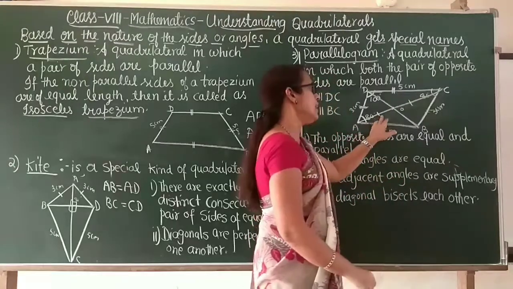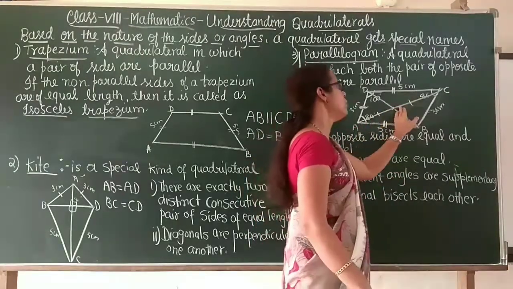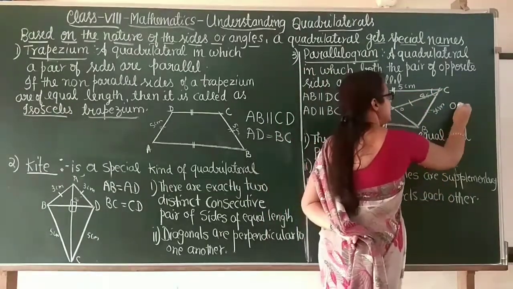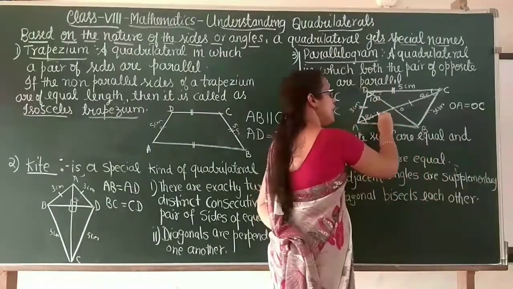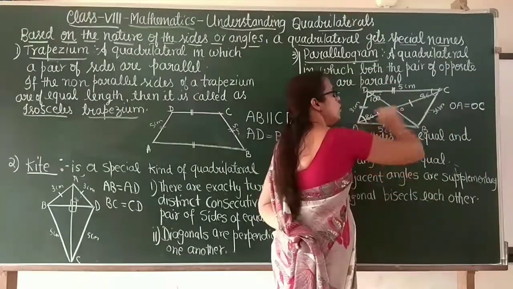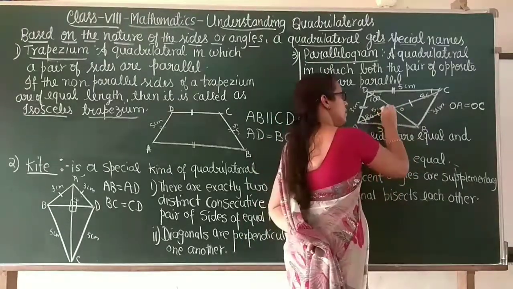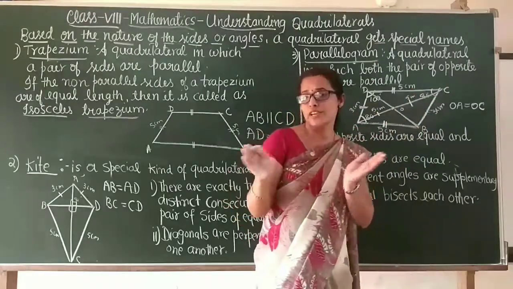Now, how much is AO? That much length OC also has. So OA is equal to OC. If OA and OC together are 10 centimeter, then each is 5 centimeter.